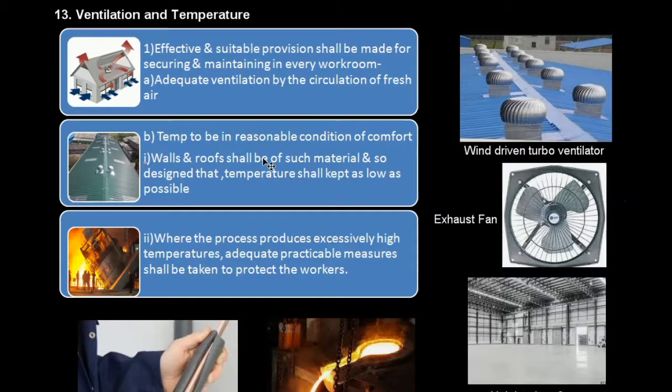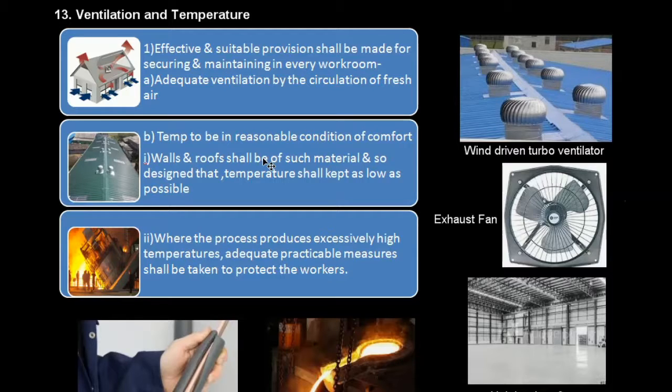I'll tell you some materials which add to more heat and some which do not. Materials which can cause more heat in a factory could be asbestos sheet or concrete. These have the tendency to entrap heat and maintain it, whereas if you have tiles, bricks made of soil, or good quality plastic placed on the rooftops, these materials will not entrap much heat.